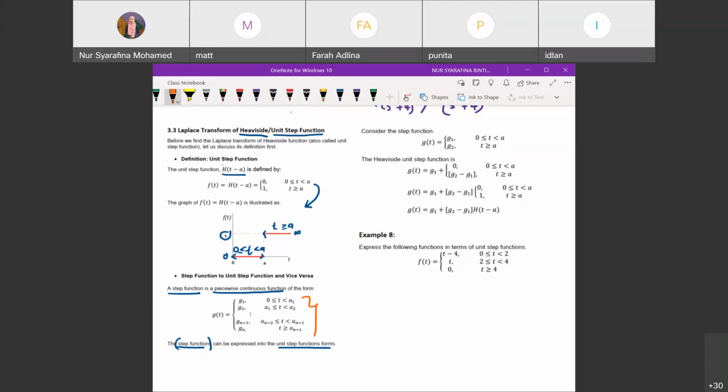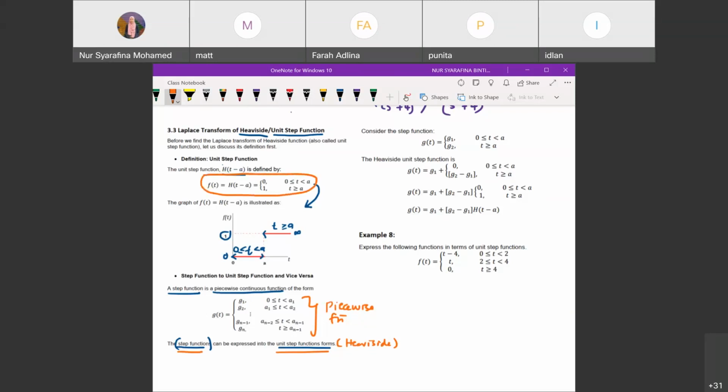So this is a piecewise function, the general form of a piecewise function, which was done previously by definition. But now this piecewise function is also called a step function, and it can be expressed as a unit step function or Heaviside function. So what is the unit step function or Heaviside here? This one.